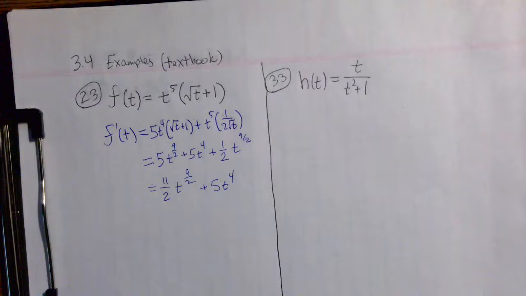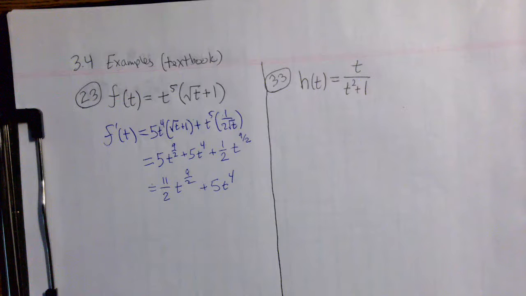But again, as I said, we will certainly see examples, particularly once we get past this section, where we must use the product rule because we don't have the option of another method.